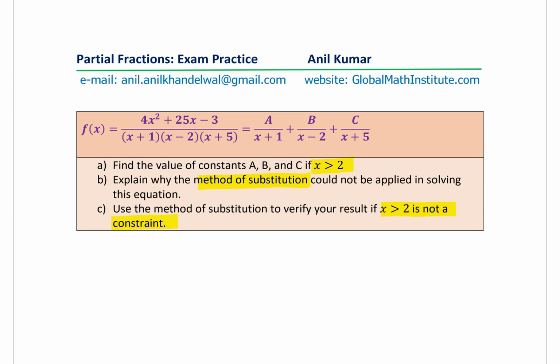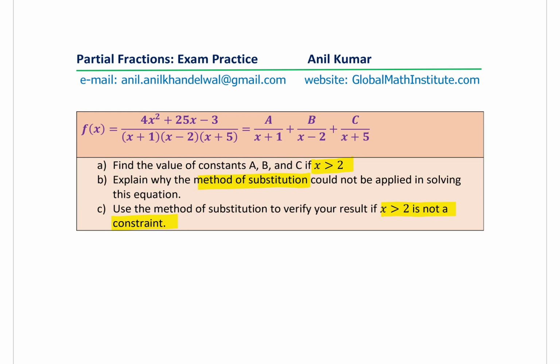So clearly, x greater than 2 is a constraint which is not letting you apply the method of substitution, correct? So how do you explain that?